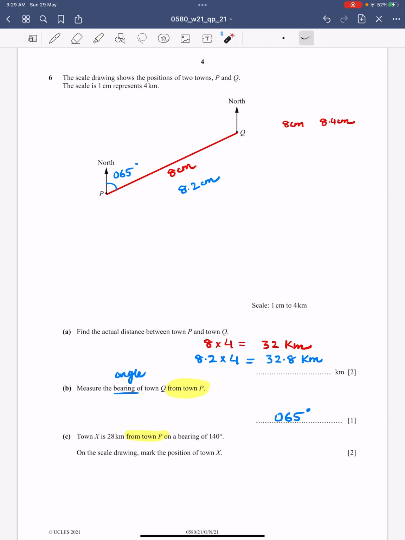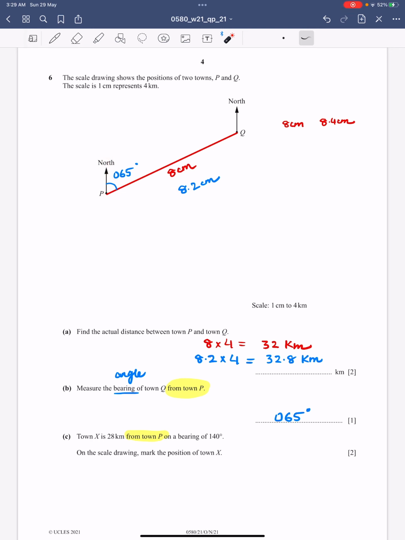So this is the starting point of our bearing. If we keep the protractor here, we need to go 140 degrees. So roughly speaking, if this is my 0 degrees, this would be my 90, so 140 would be somewhere here, and it is 28 kilometers.